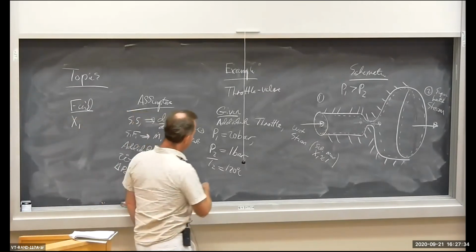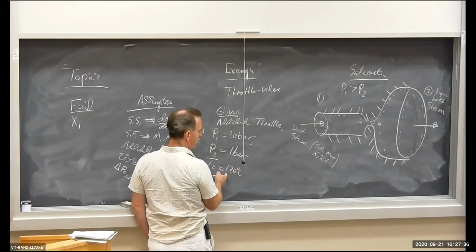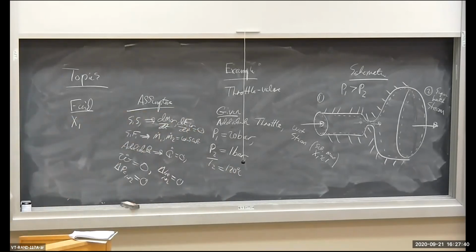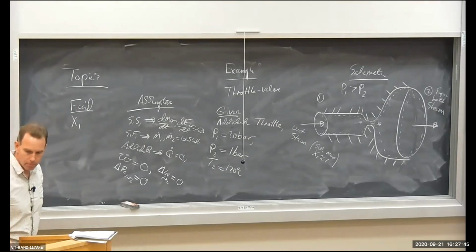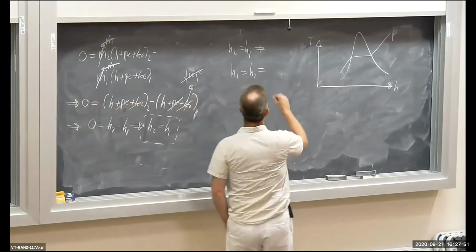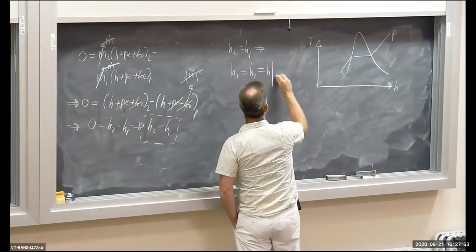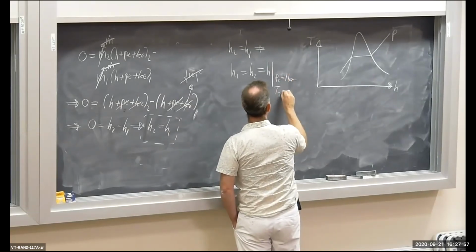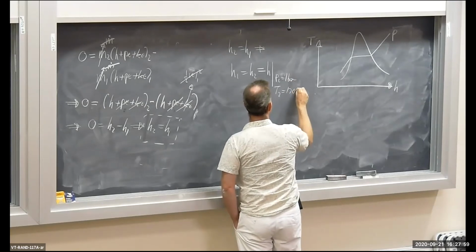So I know the outlet is at 1 bar and 120 degrees C. It's going to end up being a superheated vapor. So H2 is H evaluated at P2 is 1 bar, and T2 is 120 degrees C.